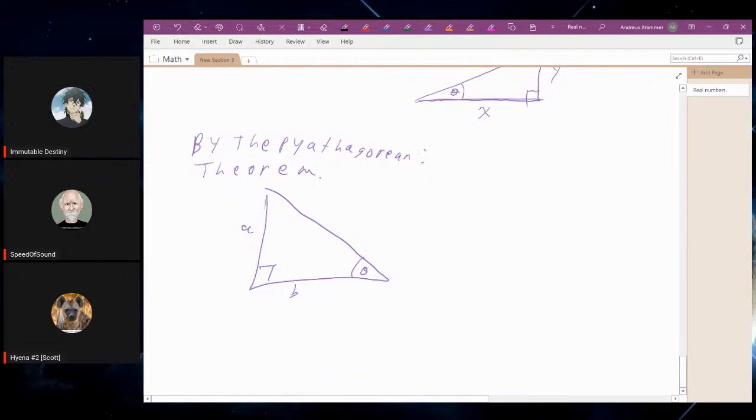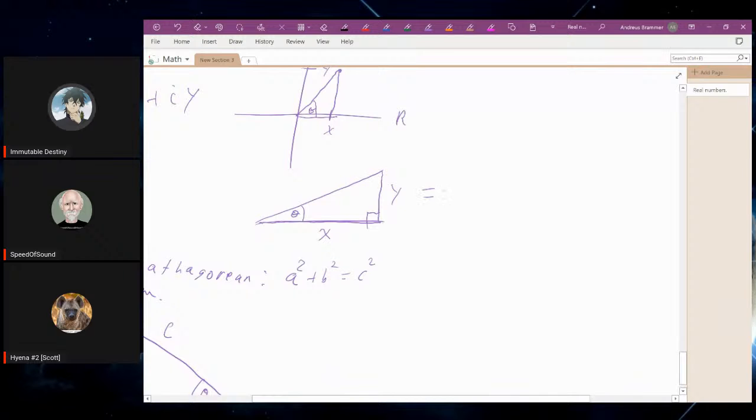If you call this side C, then a squared plus b squared is equal to c squared. And in our case, this implies that c squared would be x squared plus y squared, or taking the square root, means that c is actually equal to the square root of x squared plus y squared. Okay, beautiful. And this completes our little triangle.